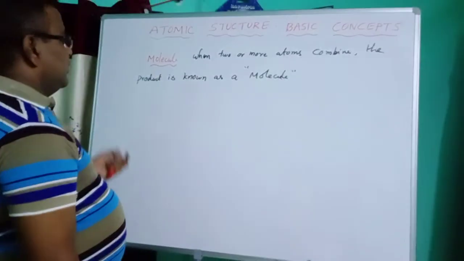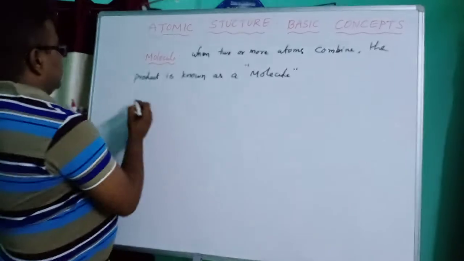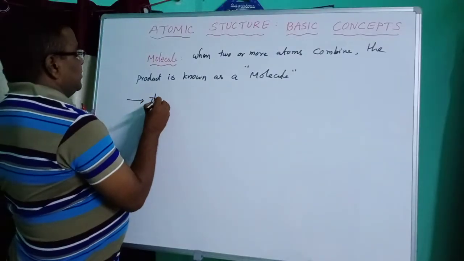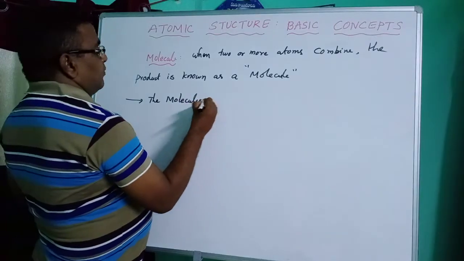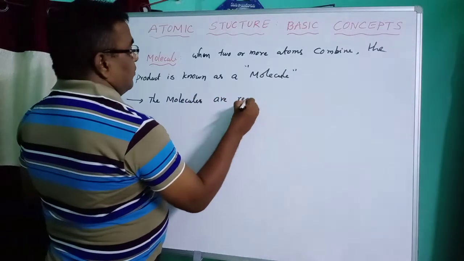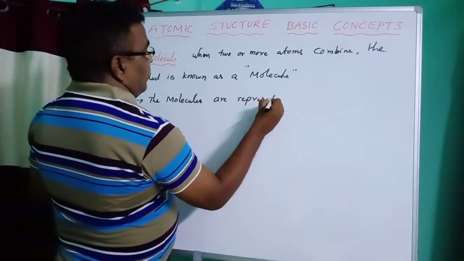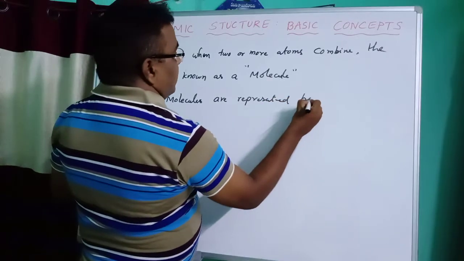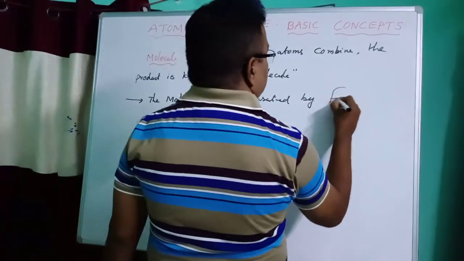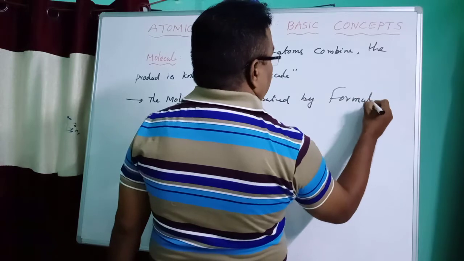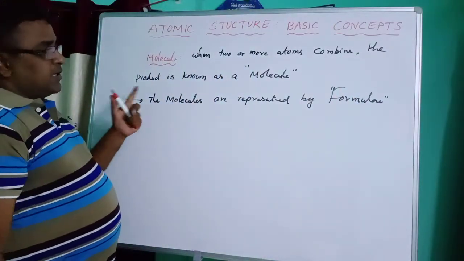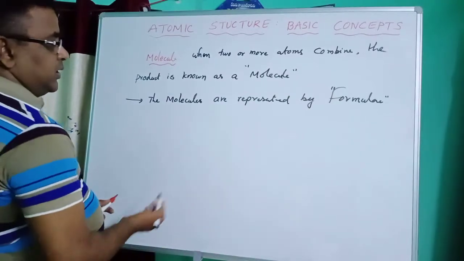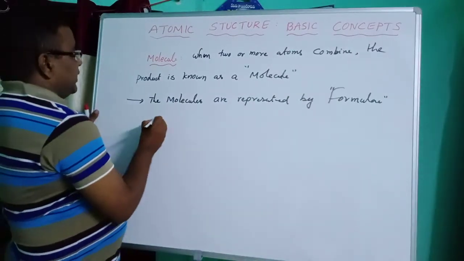So this is a molecule. When two or more atoms combine, the product is known as a molecule. So the molecules are represented by formulae. So atoms are represented by symbols, molecules are represented by formulae.